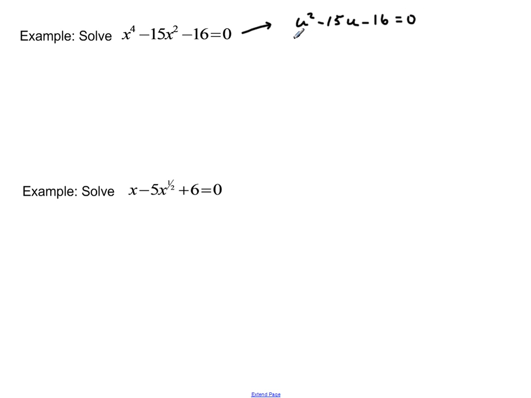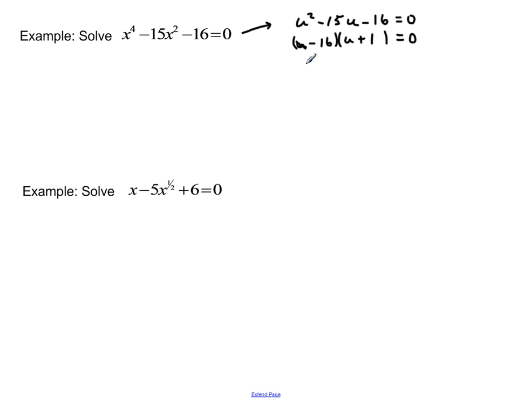We could factor this directly so that we would have u minus 16 and u plus 1, and then we would set each factor equal to 0 and solve.